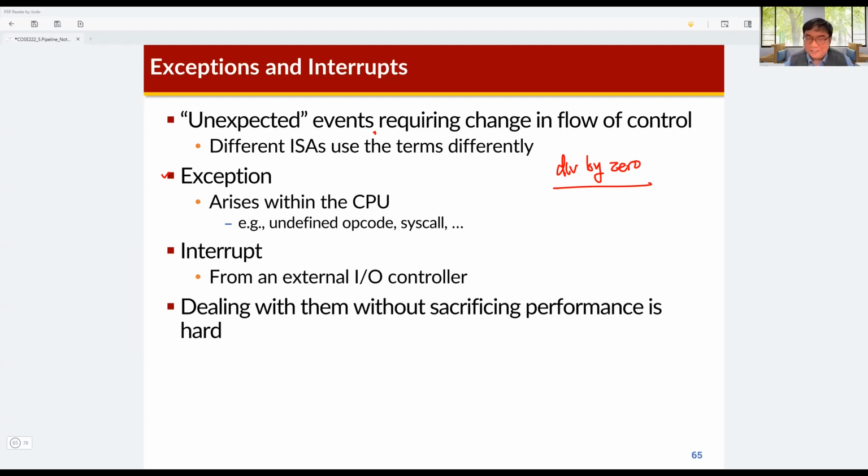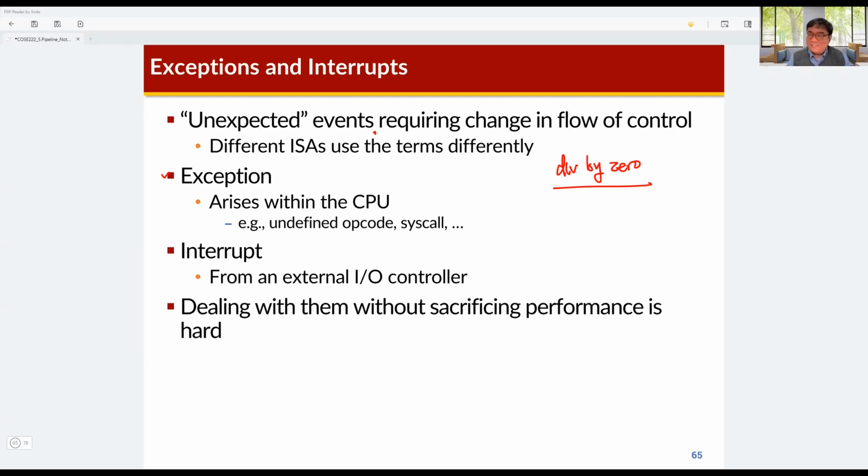So as I mentioned, the basic scheme of the pipelining architecture is very, very simple. So I believe everyone can understand. But these corner cases are a little bit tricky.